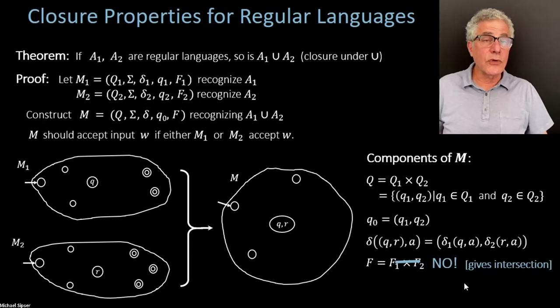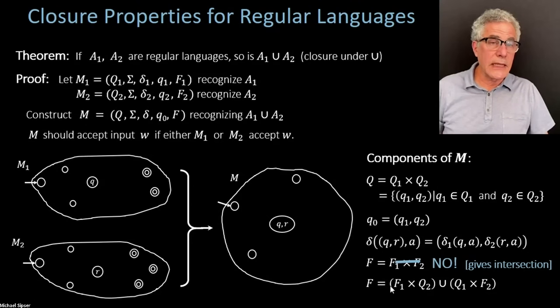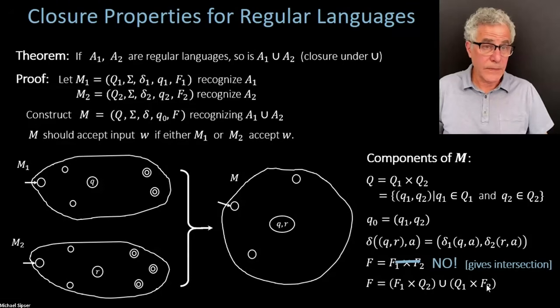In order to get closure under union, we have to write it this slightly more complicated looking way, which says that what you want is either the first state is an accepting state and any state for the second element, or any state for the first element and an accepting state for the second element. That's what it means to be doing the union.